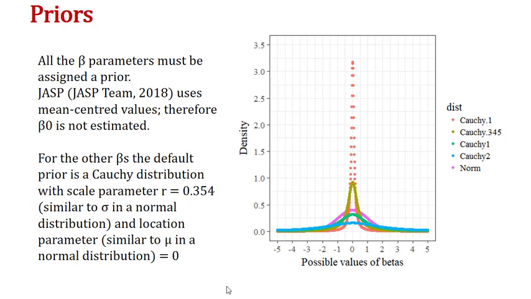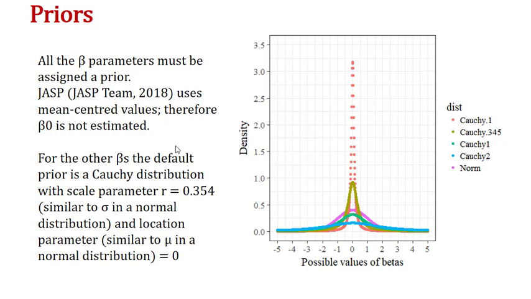Okay, so priors. The first thing we are going to do is to assign prior probabilities to the parameter values. Now we are going to use the software JASP to run the analysis, and I'm going to show you briefly how we are going to use this software. So we need to assign a prior to all the beta parameters, but JASP uses mean-centered values.